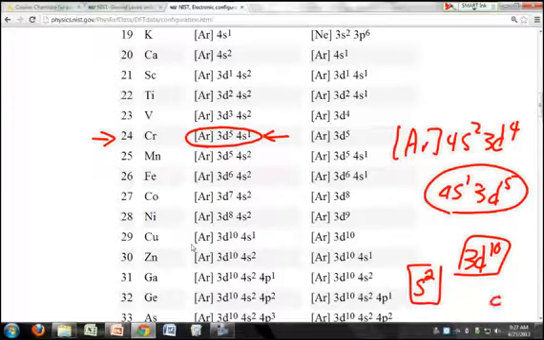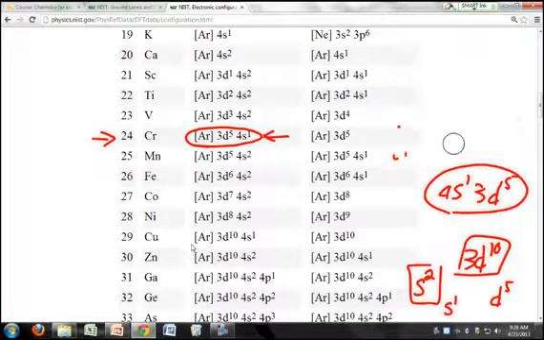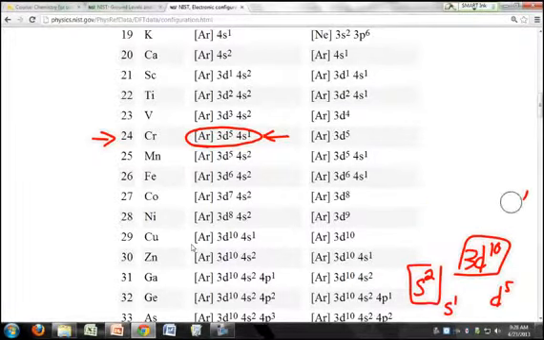So a half-filled D subshell would be D5, and a half-filled S subshell would be an S1. Okay, somehow if you could switch electrons around so you have half-filled subshells or fully filled subshells, they seem to lead to a more stable electron configuration. That's the explanation that's given for these exceptions.